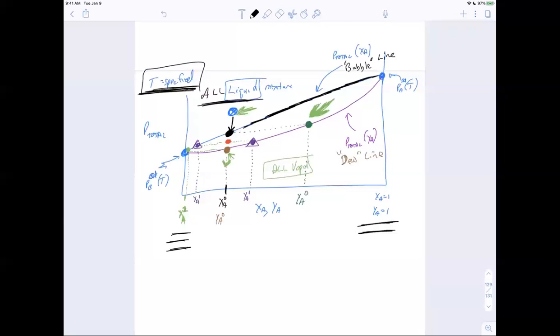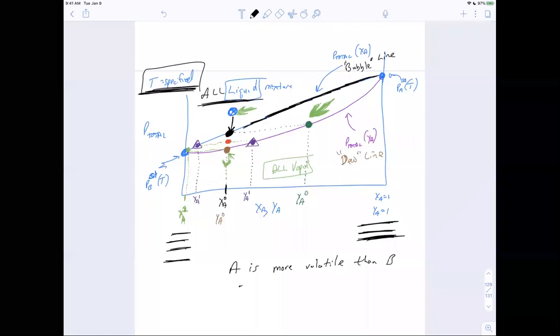We see that when we have all A, we have a higher total pressure than when we have all B. What that means is A is more volatile than B at this temperature.